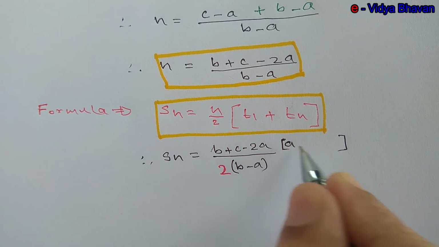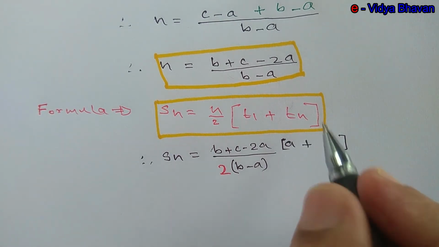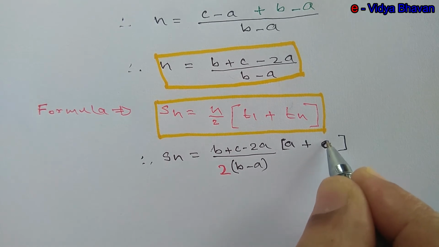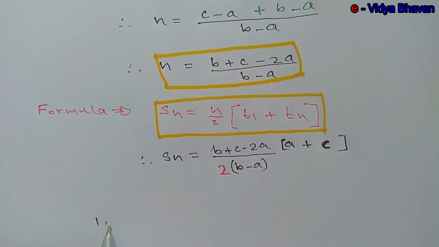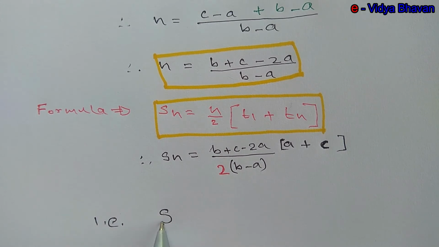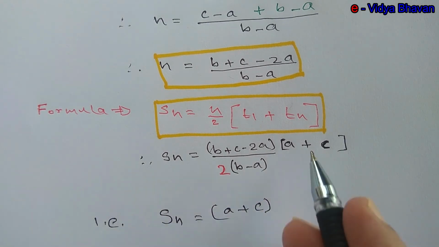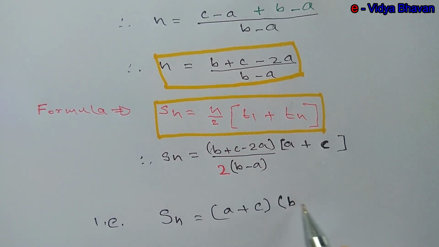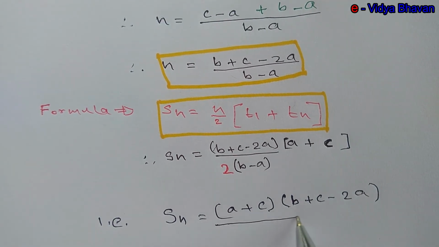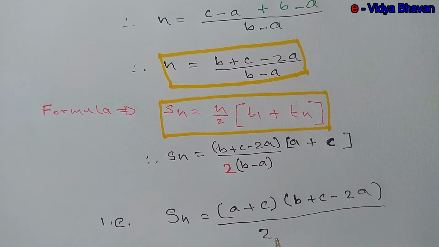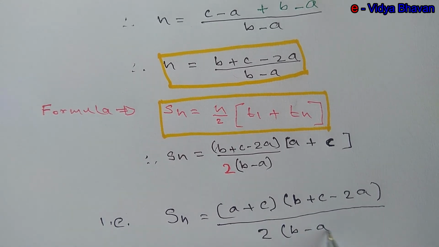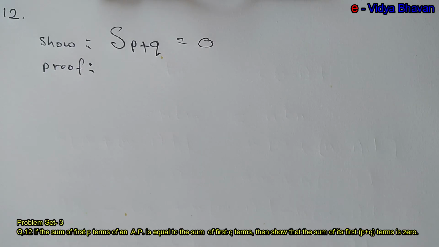T1 is A. Tn is C. That is, we can just modify and write down the final answer. A plus C will be writing first, and this we will write down afterward. Two into, hence the proof.